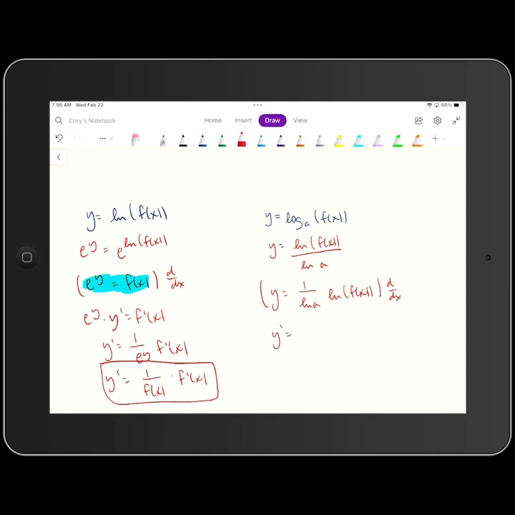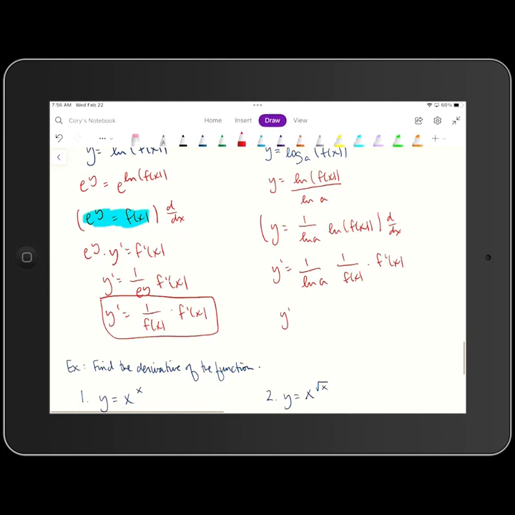The derivative of the right-hand side, I can pull the coefficient 1 over the natural log of a out front. And then when I differentiate the natural log of f of x, that's going to be 1 over the argument, f of x, times the derivative of the inner function using chain rule, which is f prime of x.